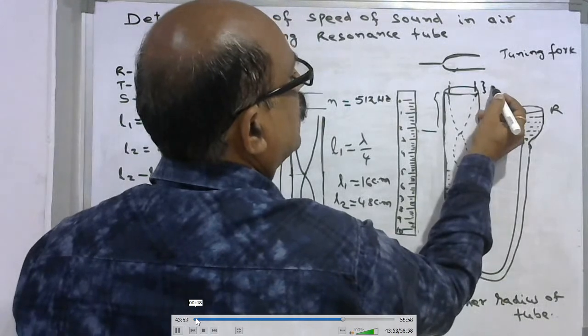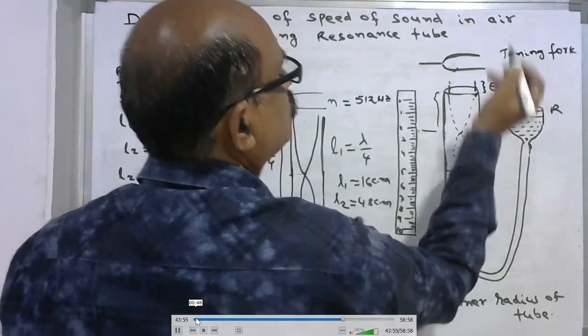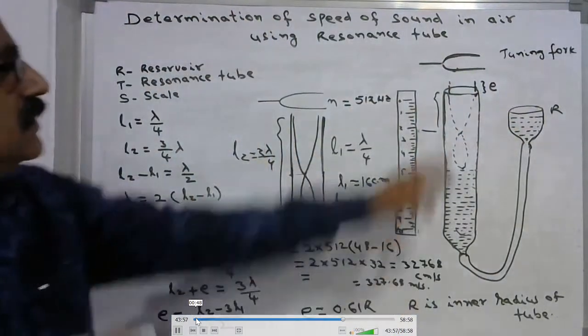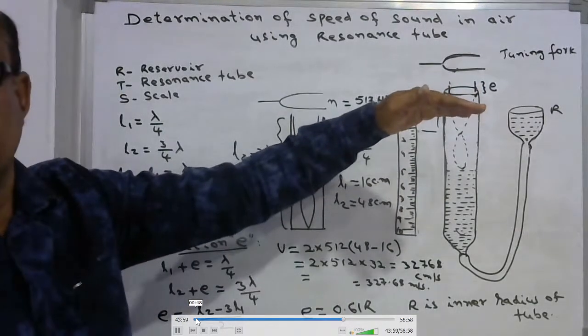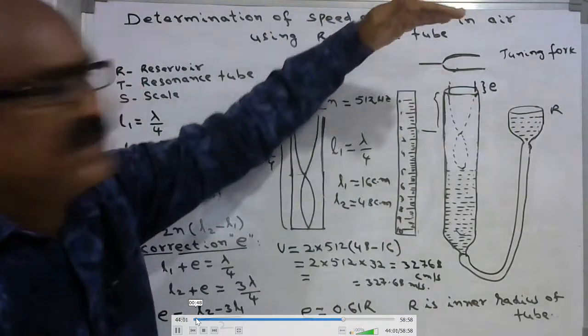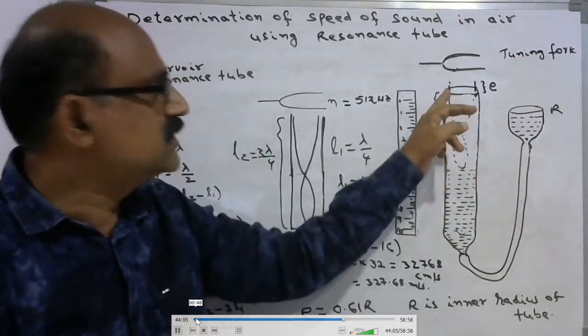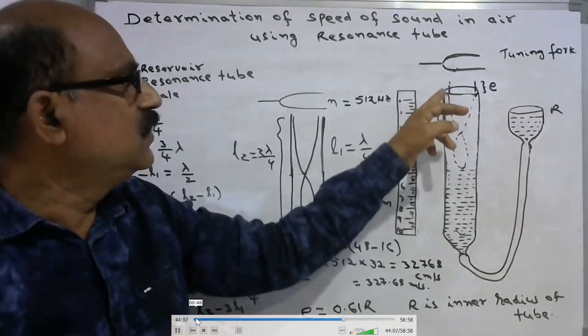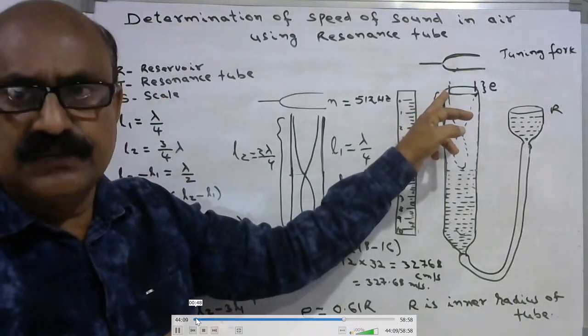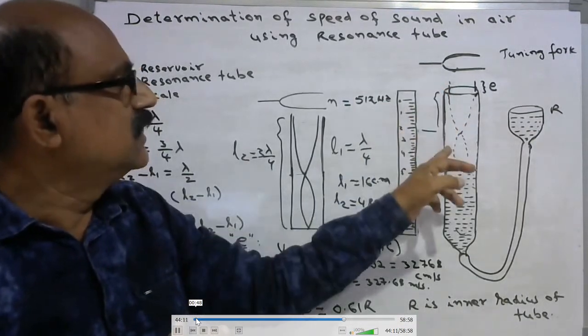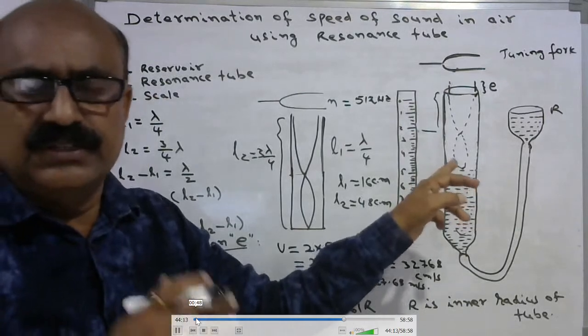We have to consider this as E. This is the part above the open end which is not taken into consideration. We are just considering the wave from its open edge and measuring the length of the air column. But it is not like that.